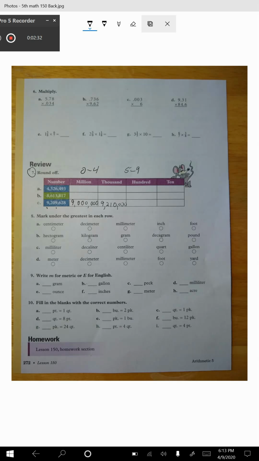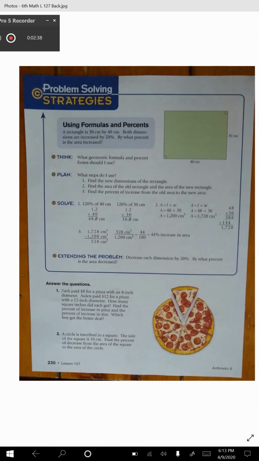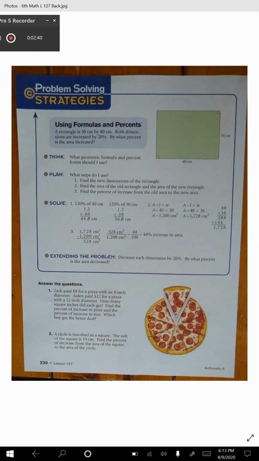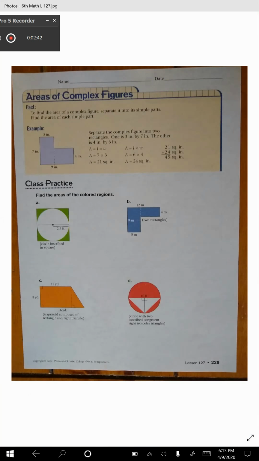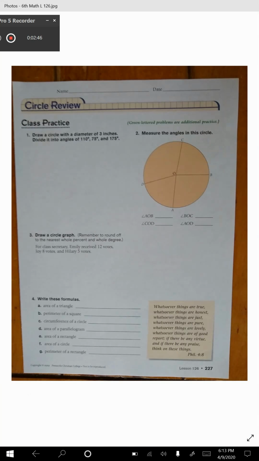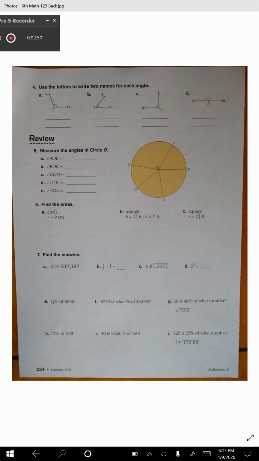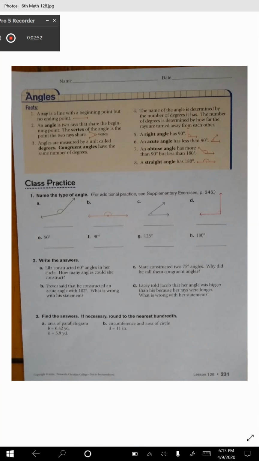All right. Then on C, we're rounding to the nearest hundreds, which is, oh, shoot. Where'd we go? This is like last week's. How did that happen? That is weird. Let me hold on just a second.